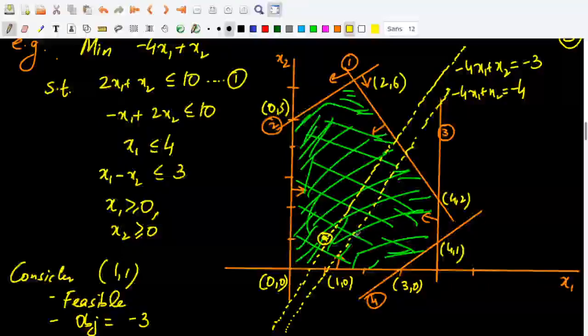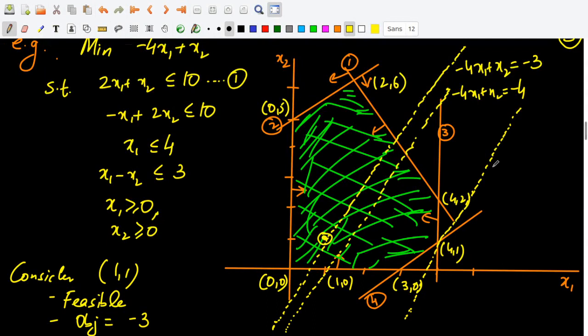And it's easy to see that I can keep moving until I hit some sort of a boundary of the feasible region, which prevents me from moving any further.